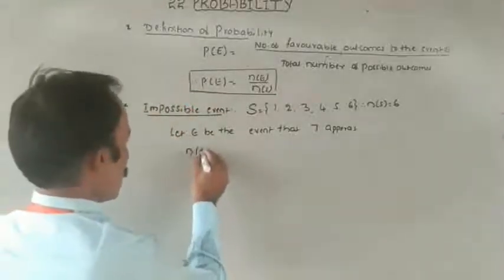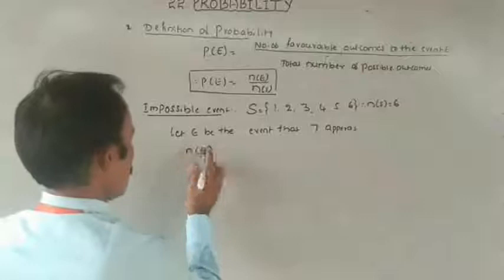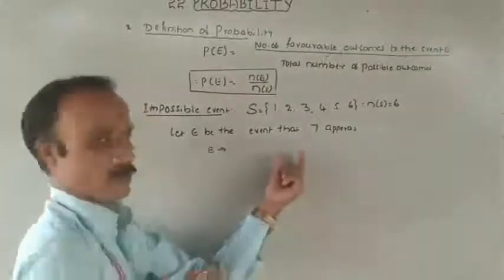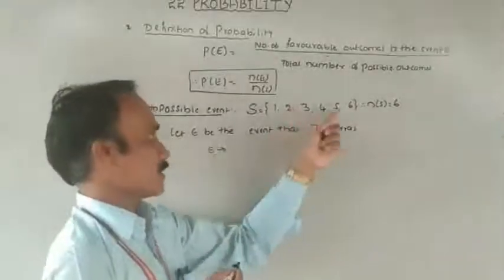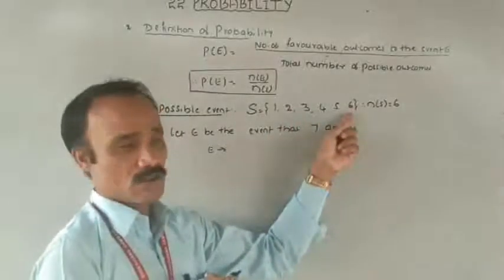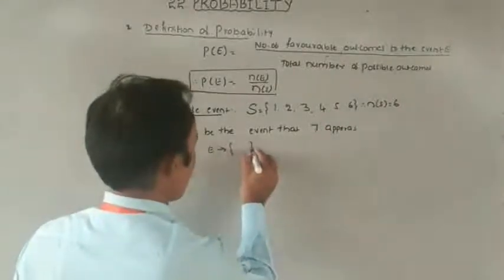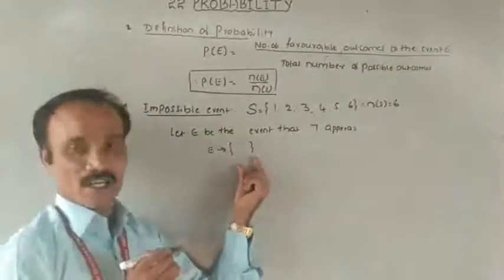Is it possible? Does it happen? 7 appears. The maximum is 6. So this is impossible. Impossible means, very important, null set.